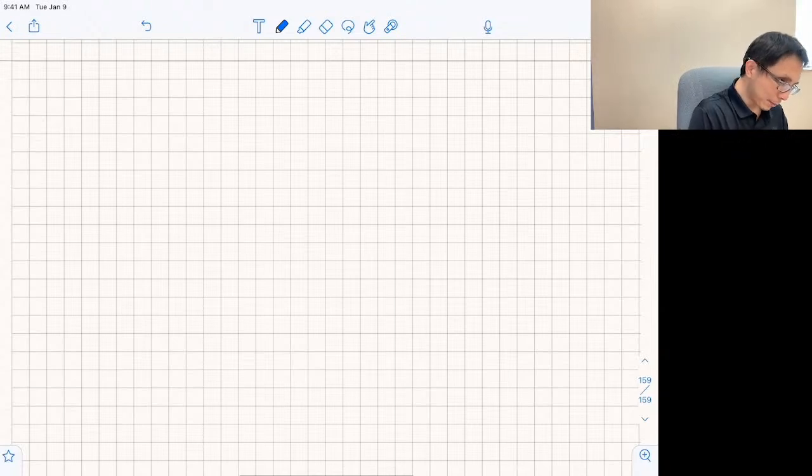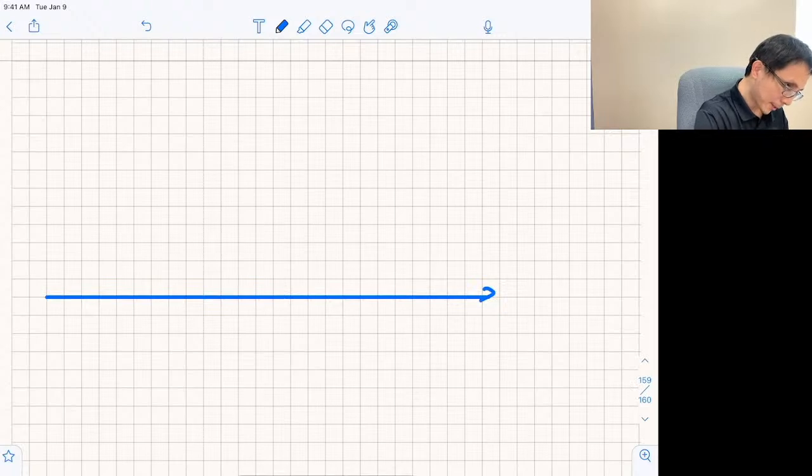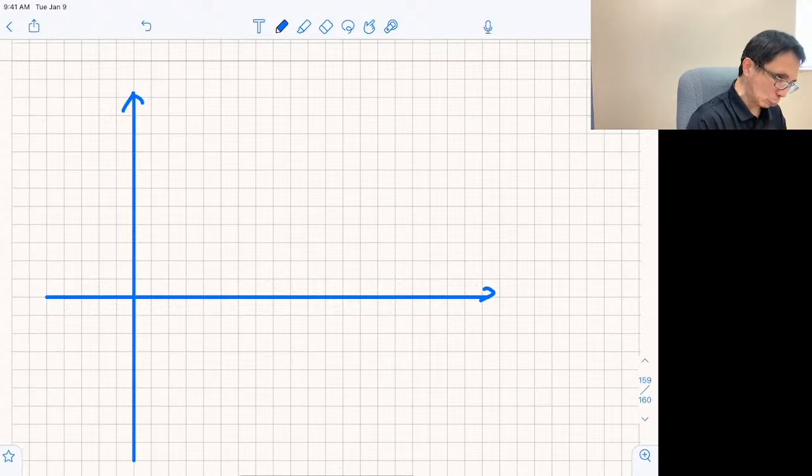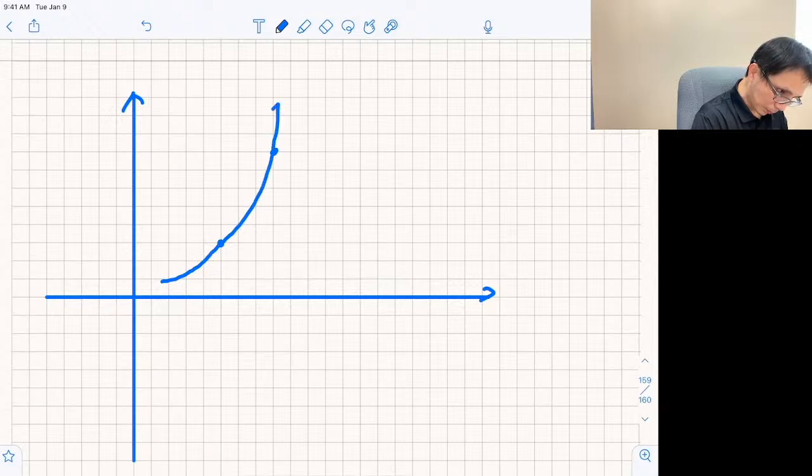This scenario is going to be something like this. And we're going to draw a parabola to this point and this point. So there was some type of parabola going to here, like this.